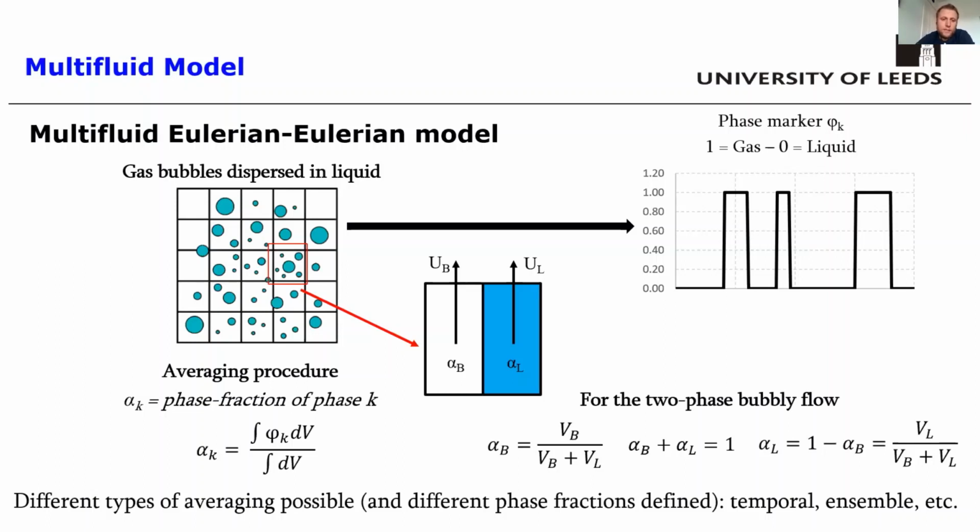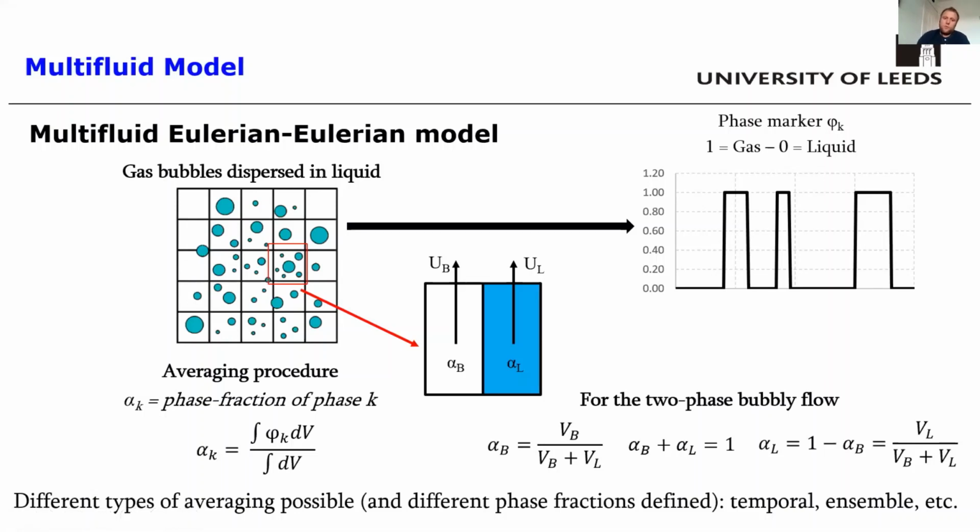So what happens if we average this domain, and other than that phase marker, we average also velocity and density, we essentially end up with this situation here. We don't have any more bubbles in that space, but we simply have some volume of gas and some volume of liquid in the same cells, each one having its own velocity.